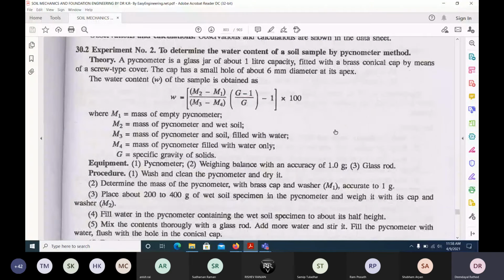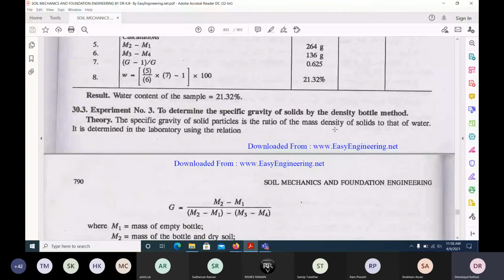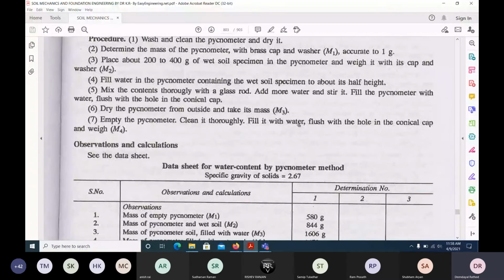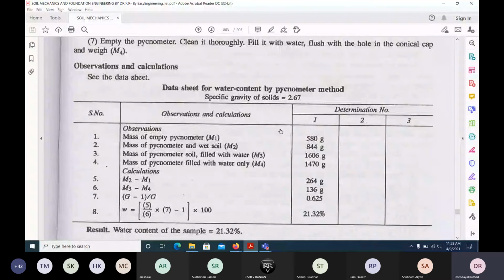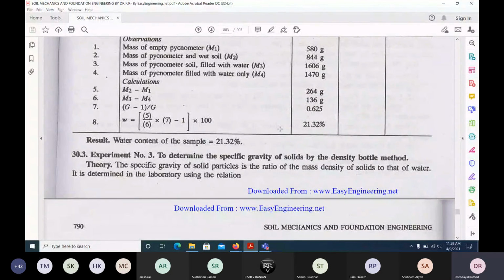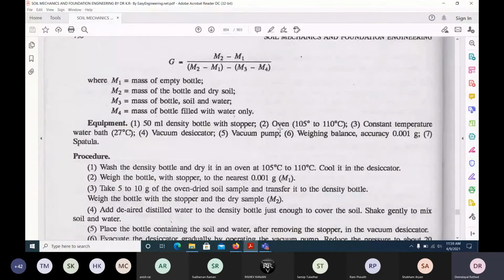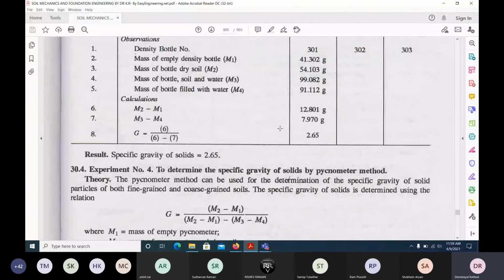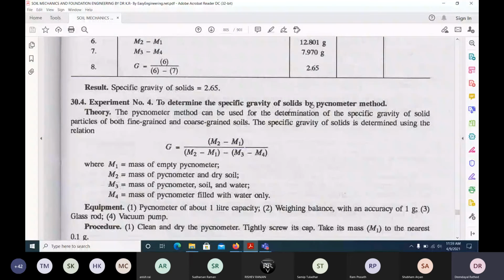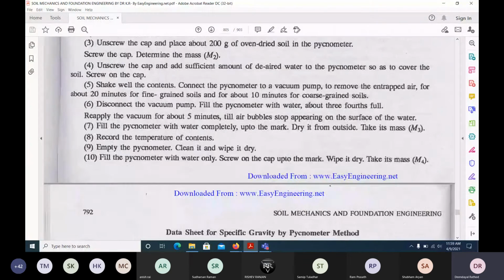The second is determining water content of soil by pycnometer. Third, determining the specific gravity of solids by the density bottle method, which we have also seen. Then determining the specific gravity of solids by one more method, the pycnometer, which we have also seen.